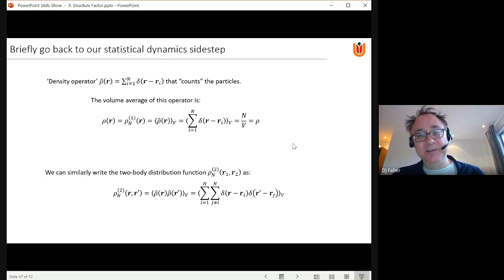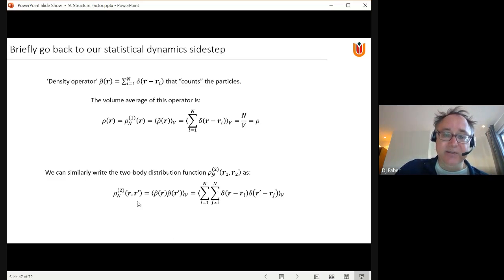You can do a similar thing, but now for the two particle distribution function. So that was a rho of r1 and r2. We can use the same approach. So for the single density, we had this expression for the two particle density.